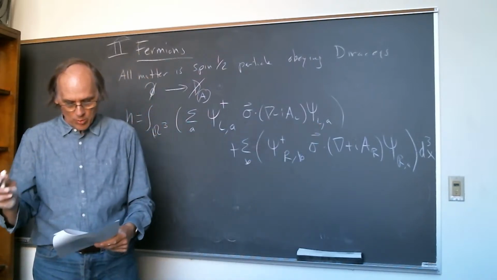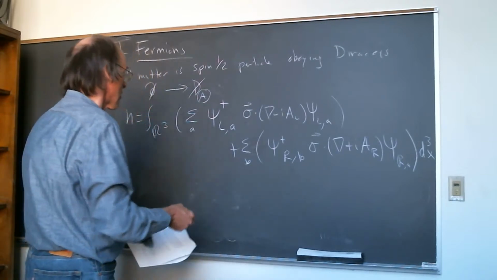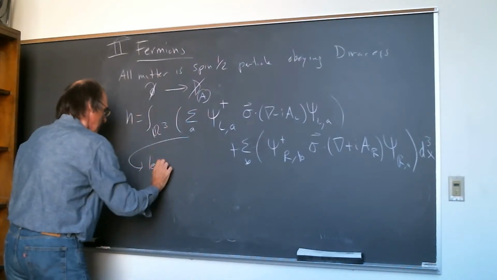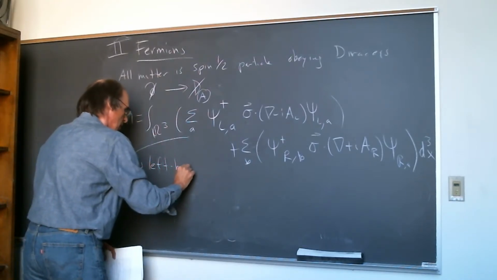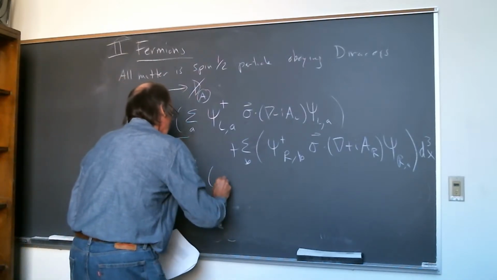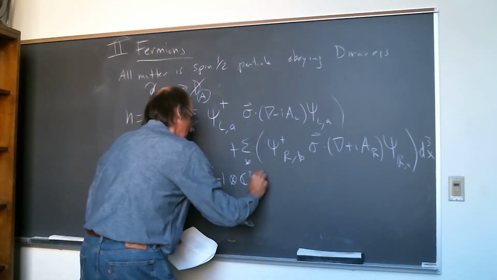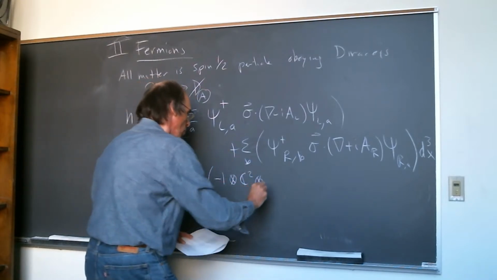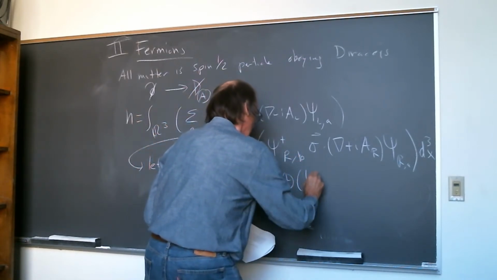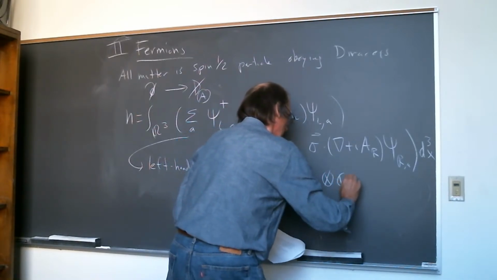Okay, and so what you get is that the left-handed ones occur in these patterns: C2 cross 1, 1/3, C2.